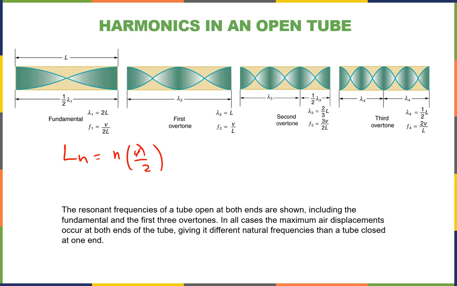If we'd done it for pressure, it would have been pressure node to pressure node. Whereas on the string, it was displacement node to displacement node. So you have that equation again. That's the equation we had yesterday for the frequencies that will resonate in an open tube. So in things like a pipe organ, you'll have some tubes that are open and some that are closed because they're going to make different timbres.